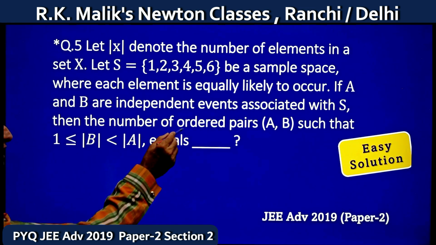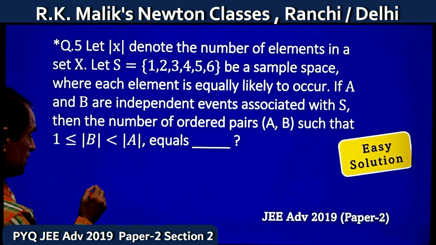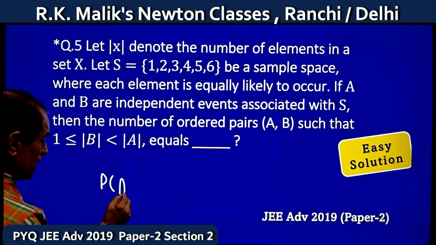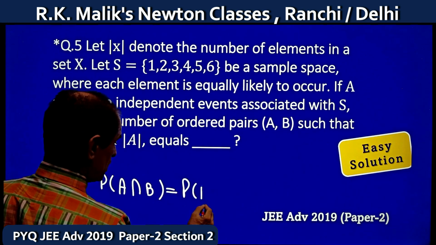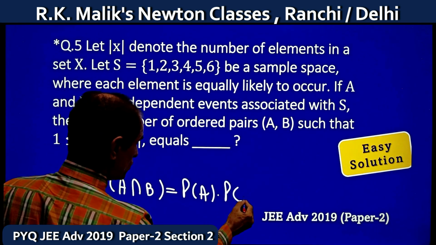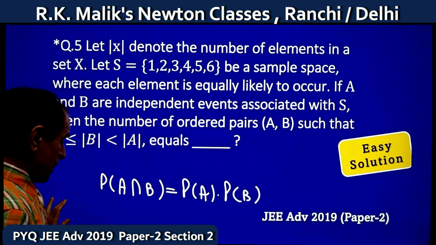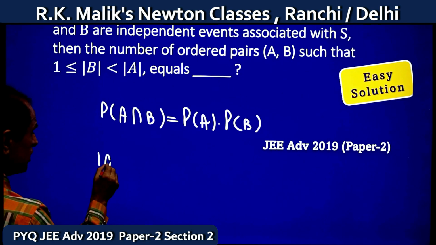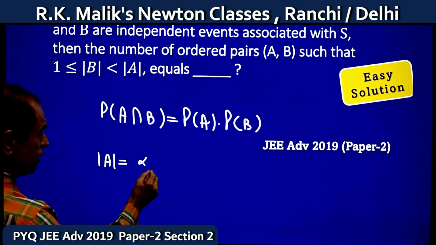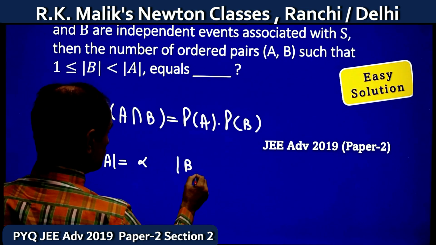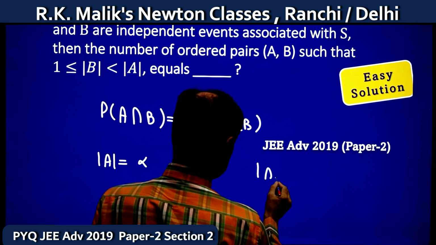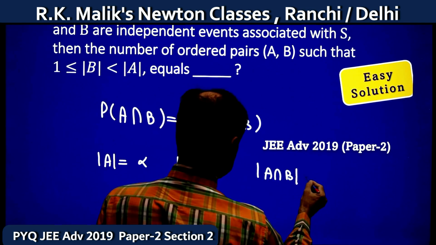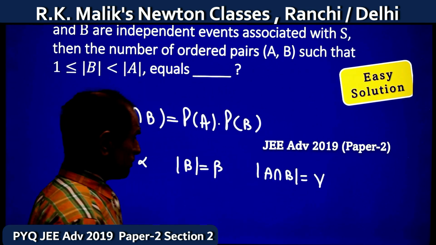And if I want A and B to be independent, it means I require P(A intersection B) is equal to P(A) into P(B). Suppose mod A is equal to alpha, mod B equal to beta, and mod of A intersection B is equal to gamma.